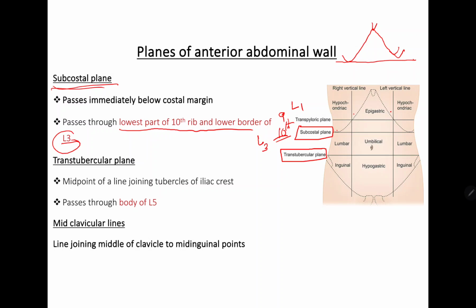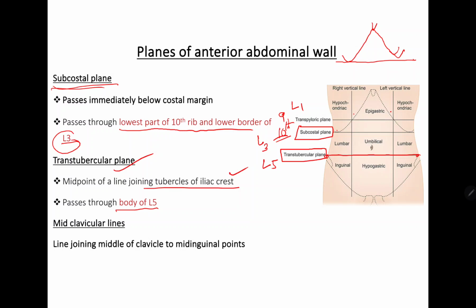There is one more important plane called the transtubercular plane. You know the tubercle of the iliac crest here. This plane passes through the tubercle of the iliac crest and along the body of the fifth lumbar vertebra.